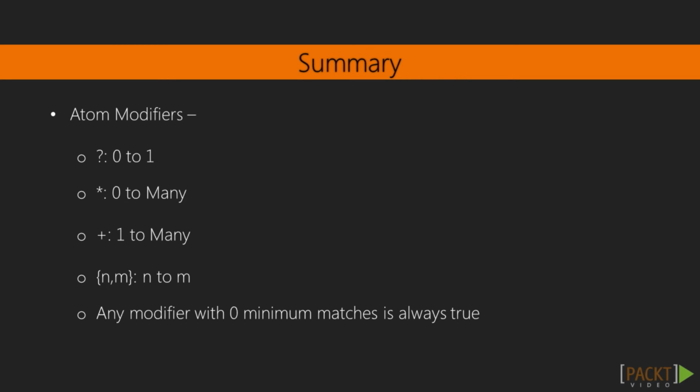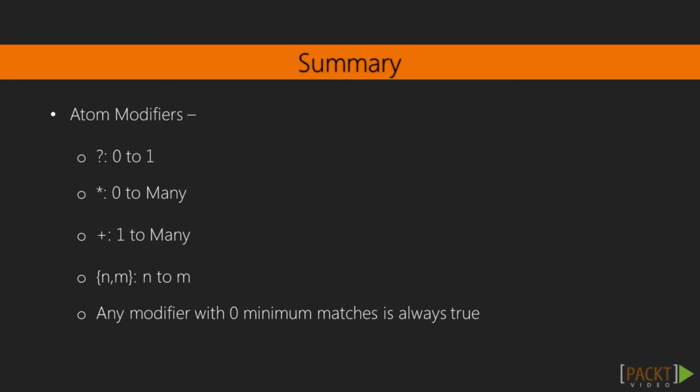We also talked about atoms, and atoms are expressions which are a single character, or the dot, or are grouped with parentheses, or are character classes, and they can be modified, and there are 4 common modifiers. The question mark matches 0 to 1 characters, the asterisk matches 0 to many characters, the plus sign matches 1 to many characters, and then there's the custom range, N to M, which matches N to M characters.